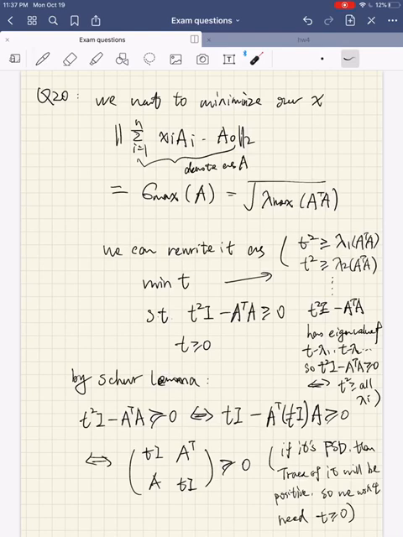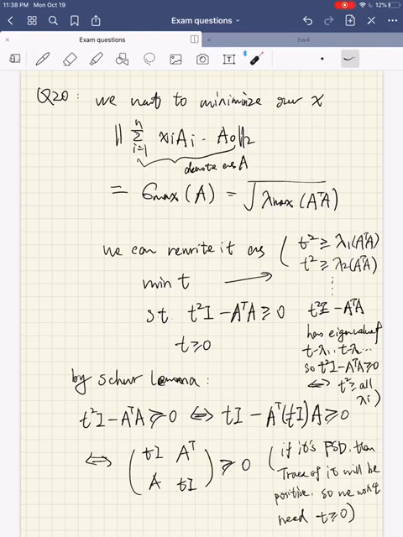So t should be greater than or equal to all the eigenvalues of A transpose A. In that case, t squared will be greater than or equal to lambda of A transpose A, which when you minimize it, will become the maximum lambda. So the t we get eventually will be the result we want to find.